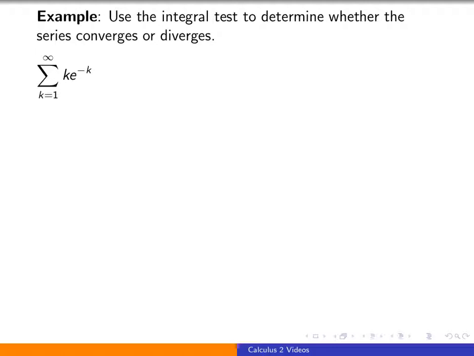So for the integral test, what we need to do is evaluate the integral from 1 to infinity of the function x e to the minus x. And the convergence or divergence of this integral is going to imply the associated convergence or divergence of the series. Because it's an improper integral, our first step is to simply rewrite as a limit.